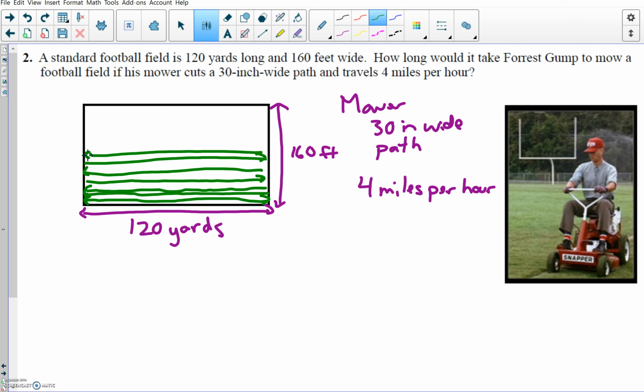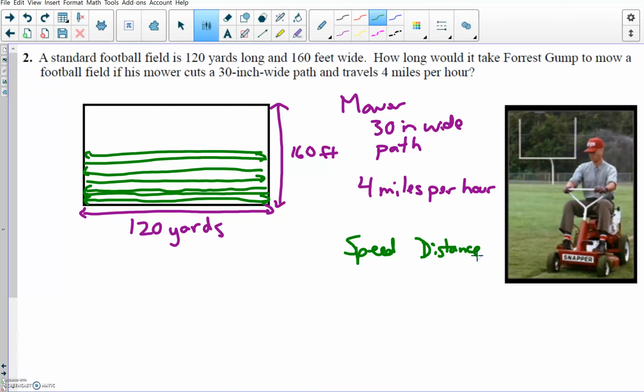Another thing that we can notice here is that everything that's been given, other than the 4 miles per hour, is a distance measurement. Yards, feet, and inches are all distances. But the 4 miles per hour is the speed. So I already know that I'm going to have some sort of relationship between speed and distance.